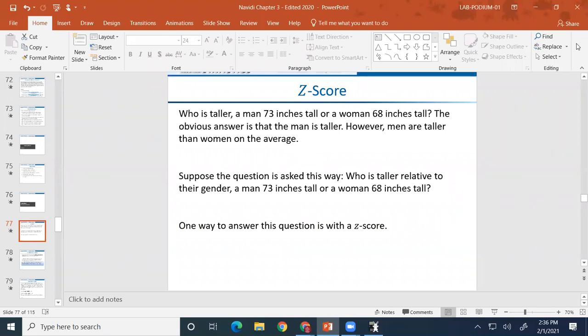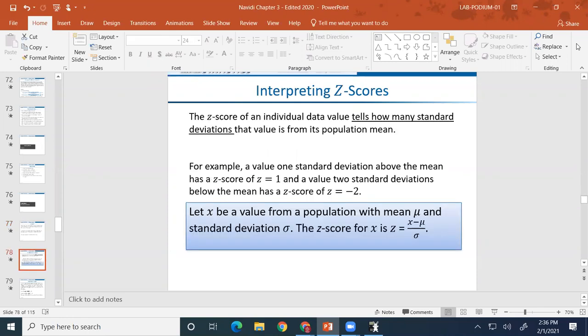well, here's what we do. We've got this thing called the Z-score. If you had Math 120, you would have got this; they go over the Z-score there. But the Z-score is simply, for whatever value you want to measure, you subtract the mean from it and then divide by the standard deviation.